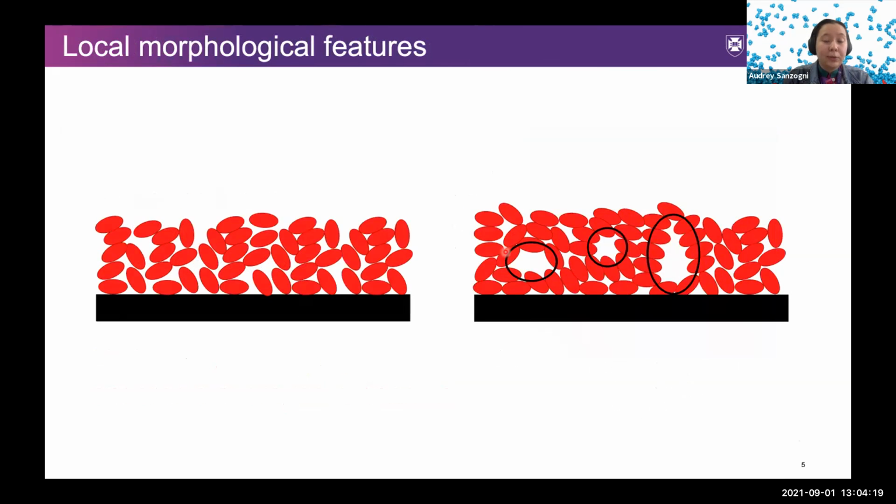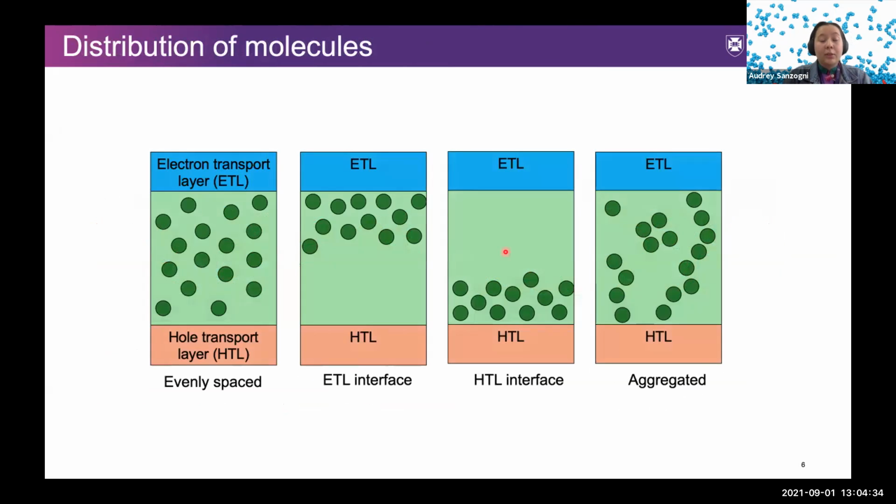The local morphological features, we can't really access using these experimental techniques. So things like whether they're completely amorphous or whether they have crystalline regions or voids, what the distribution of the molecules throughout these thin films looks like. Are they evenly spaced?